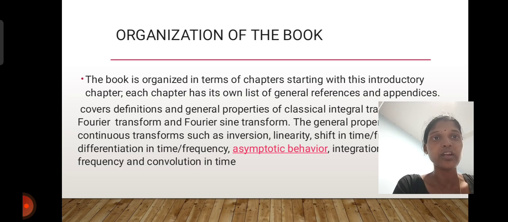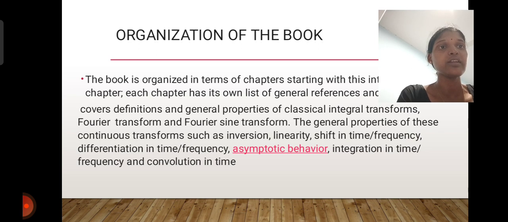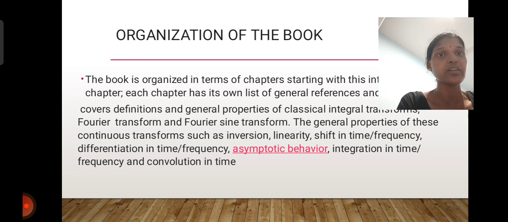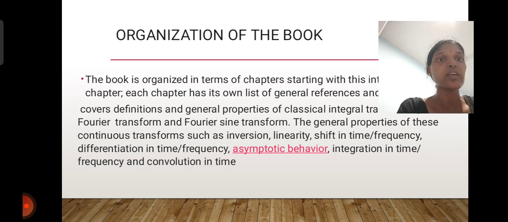Next, we are studying the organization of the book. The book is organized in terms of the sine transformation: definitions and general properties of classical integral transforms, the Fourier transform and the Fourier sine transformation.